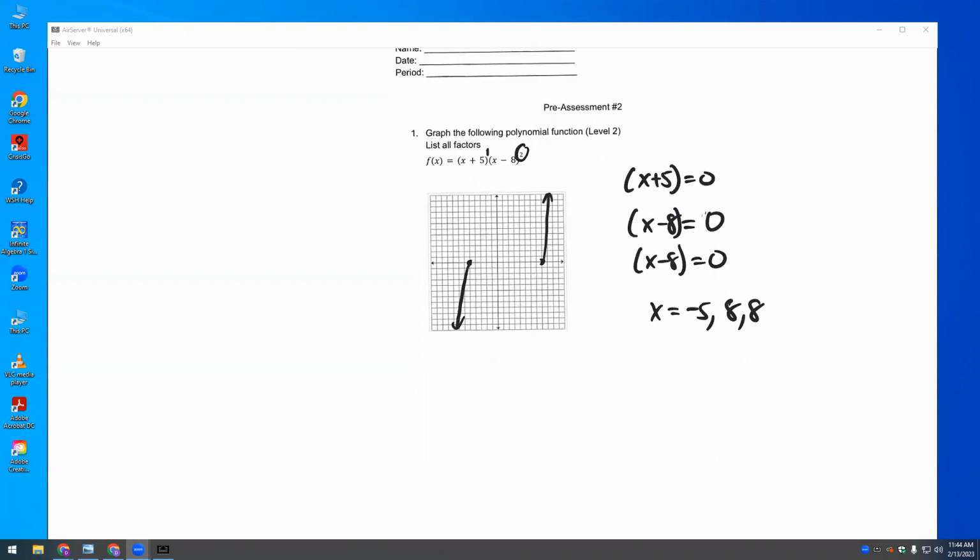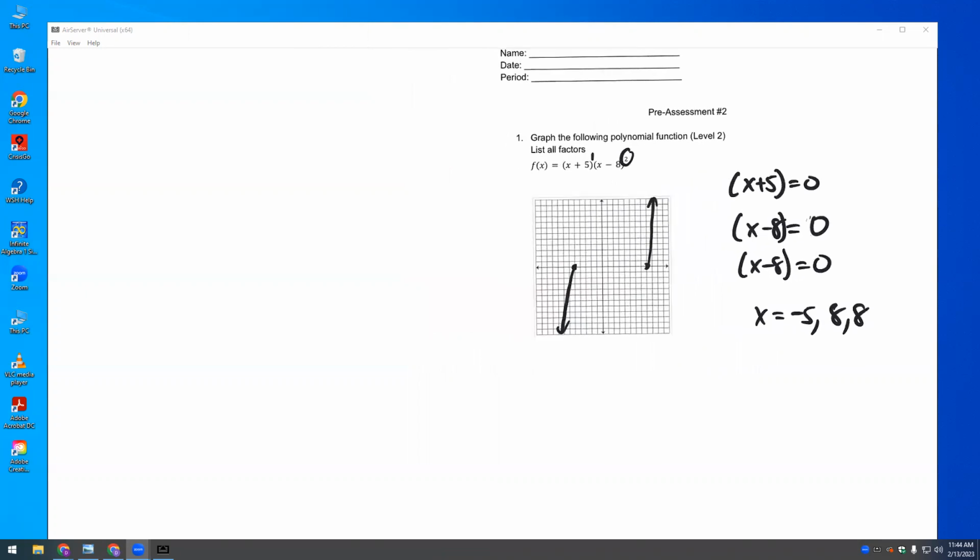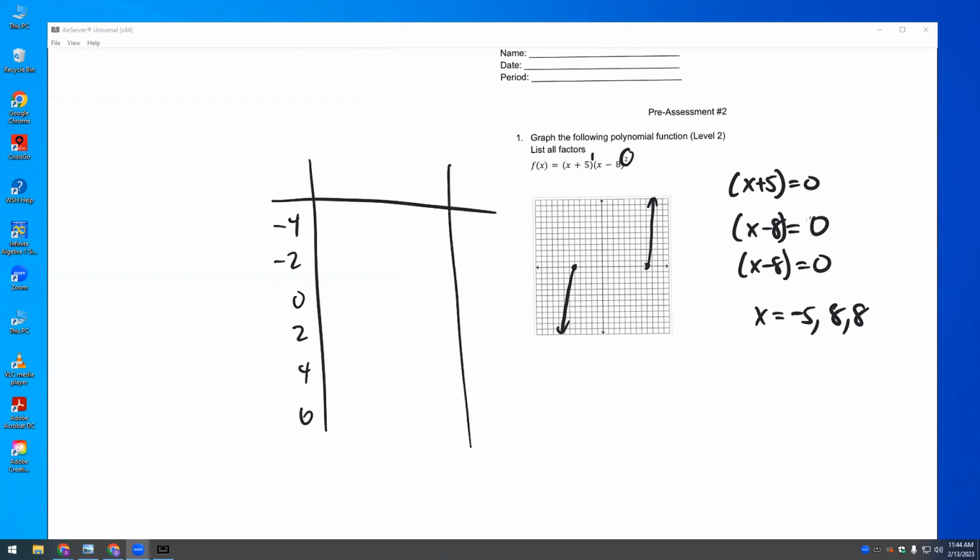Maybe let's try -4, -2, 0, 2, 4, and 6, just to give you a good idea of what this is going to look like. So if we plug in, this is x plus 5 and x minus 8 squared.